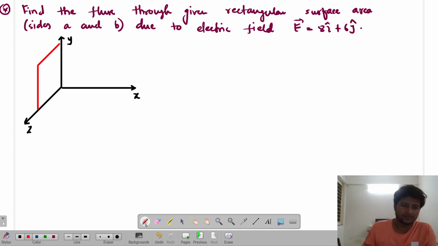This length is A, and this length is B. So the lengths are given. Quickly tell me what will be the answer. Tell me fast.